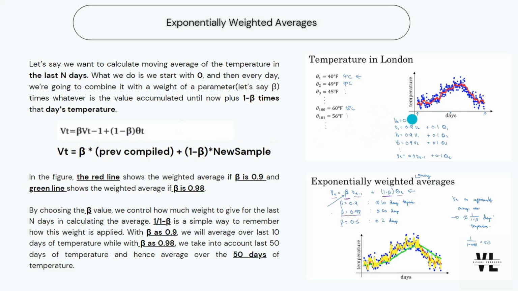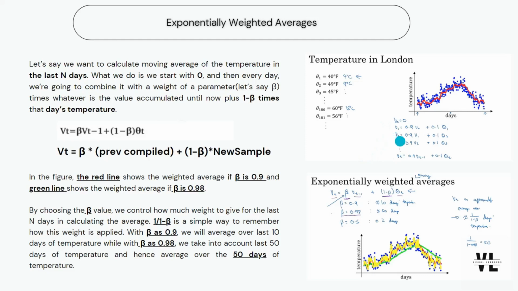So V0 might be initialized to 0. Then V1 will be V0, which is the initial one, multiplied by beta. Here beta is initialized to 0.9, and 1 minus beta will be 0.1 multiplied by theta 1, which is the temperature for that day. And we basically accumulate the averages as we move forward.